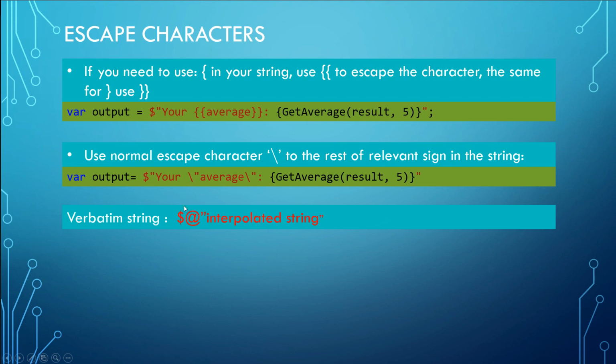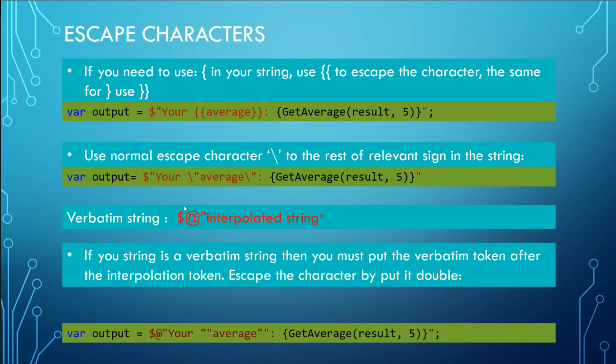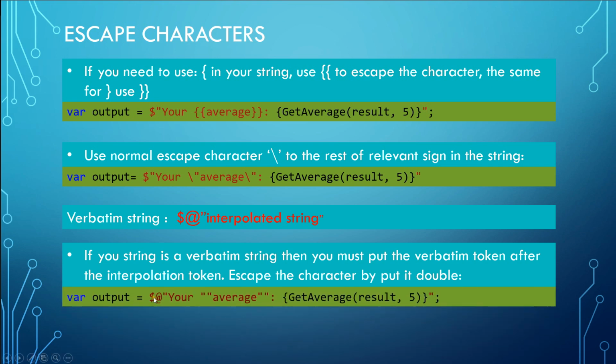In this case, the escape character does not work because a verbatim string sees all characters as literal. Then, to escape a character such as the quotation mark, the option is to duplicate the special character, in this case the quotation mark, as you can see here in the example. See that here we are duplicating the quotation mark.